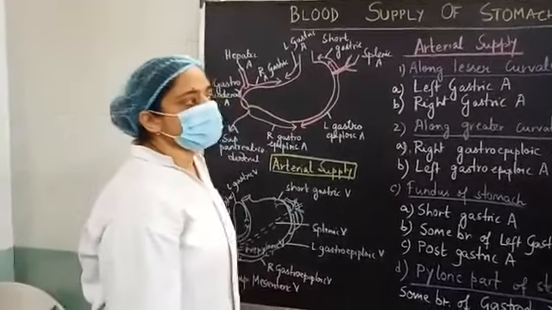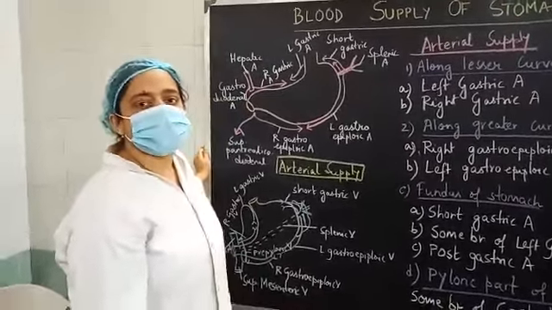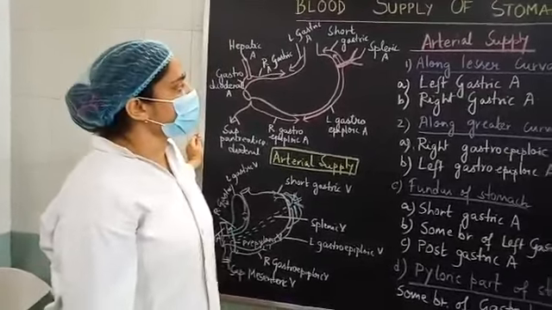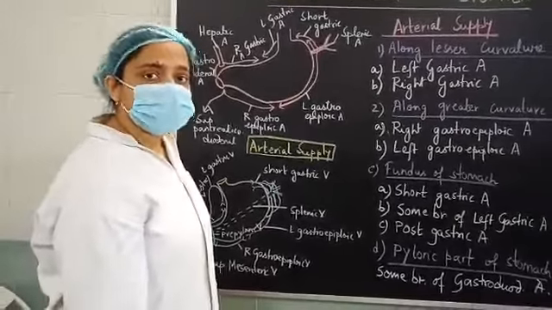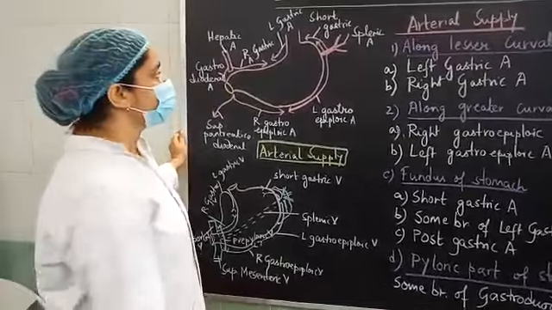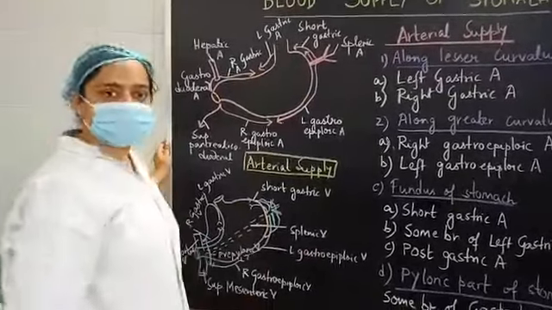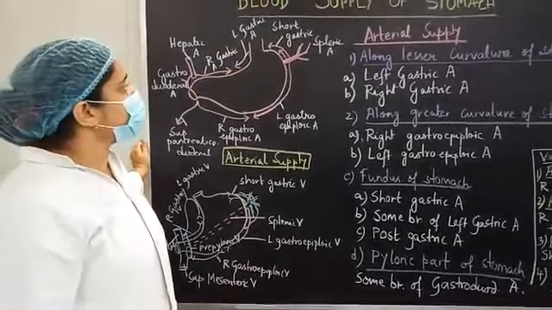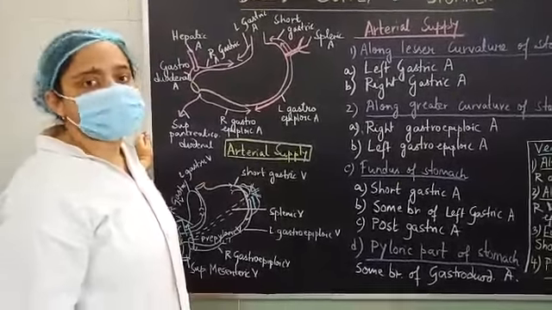The vasoconstriction or vasospasm of these spiral arteries, they can give rise to necrosis or ulceration, particularly along the lesser curvature of stomach. Okay, and this gives rise to ulcer formation.